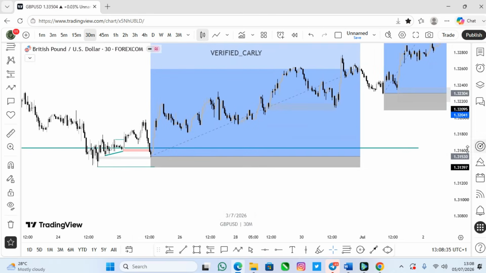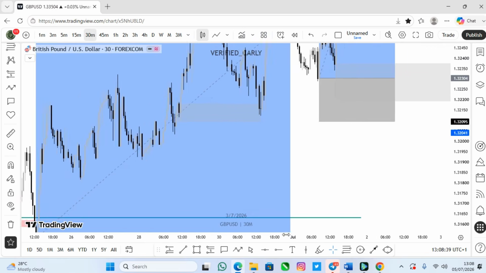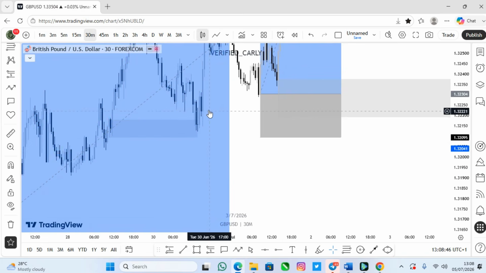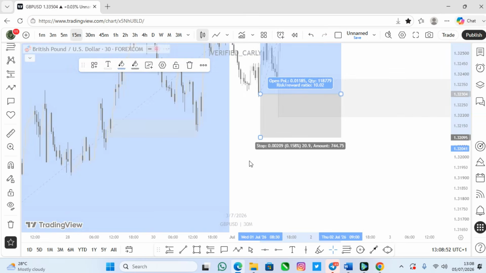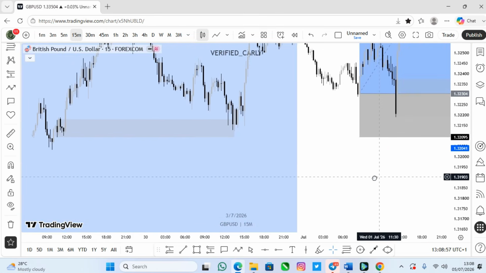Then I started spotting other buys, right? I had a buy here. You can see, but I did not enter it. This other buy that is here, I entered. This is the buy. I entered it, but I cannot spot my line because I know that I drew a line there.